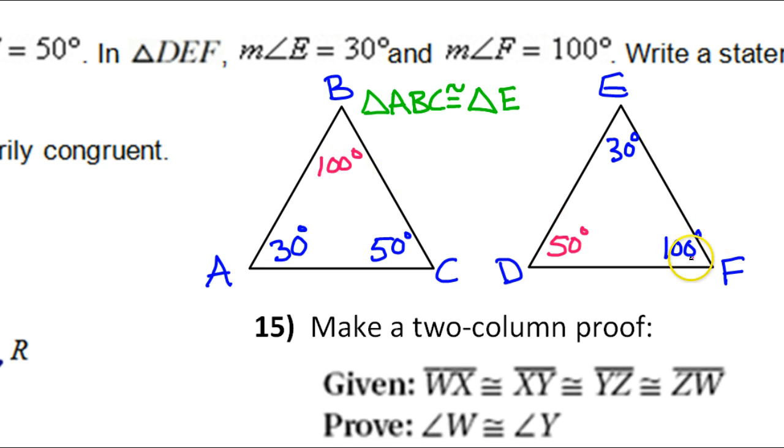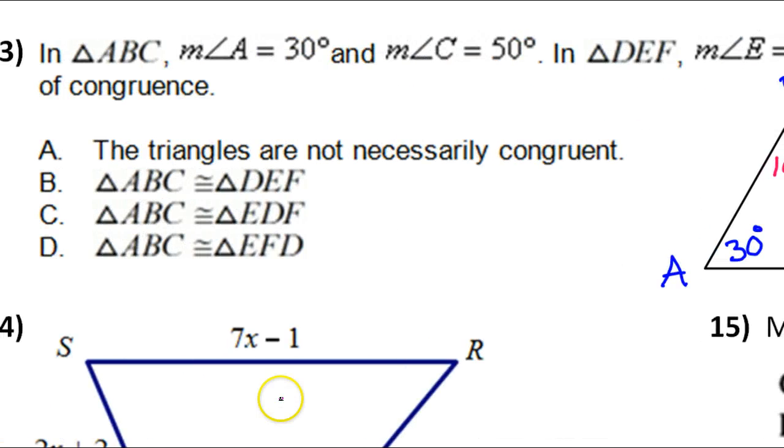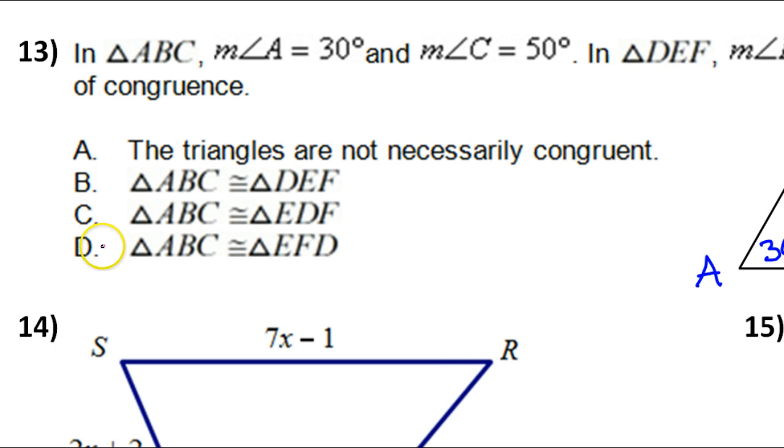That corresponds with angle F, which is also 100. So we've done E and F, so that leaves D. But it makes sense because C is 50, which is last, and D is 50, so it should be last. So triangle EFD is how that statement should end. And here's EFD right here. So that's why D is the answer.